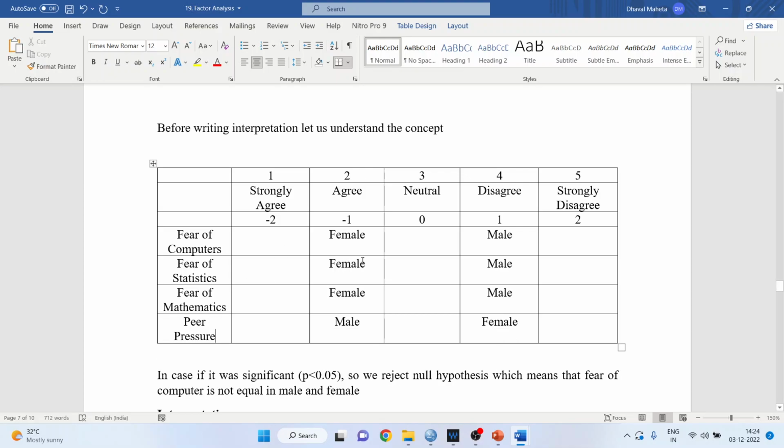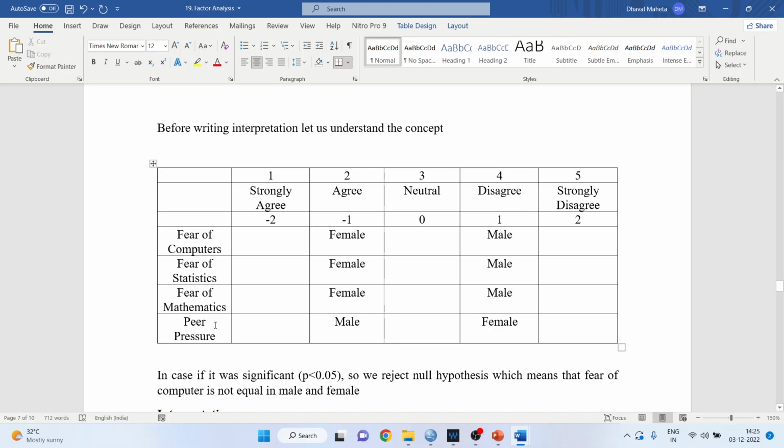Now, how to interpret? See, females agree on the factor fear of computers more in comparison to male. Females agree more on fear of statistics in comparison to male. Fear of mathematics, females agree more in comparison to male.